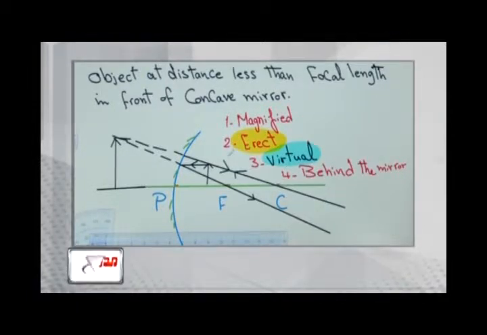So dear students, here in this case we use which rule? In this problem we used rule number 1 and rule number 3. We didn't use rule number 2, meaning the light ray passing through the focus of the mirror. Why? Because the focus is behind the object, so we can't use it. So we use rule number 1, light ray parallel, which we will use in all problems, reflecting through the focus. And rule number 3, light ray passes through the center of curvature and reflects on itself.